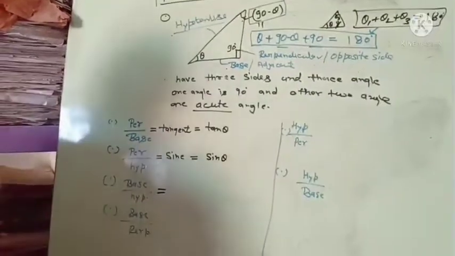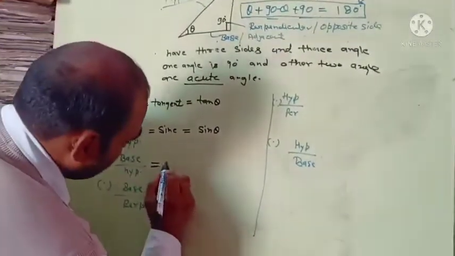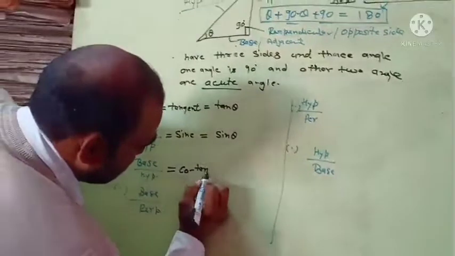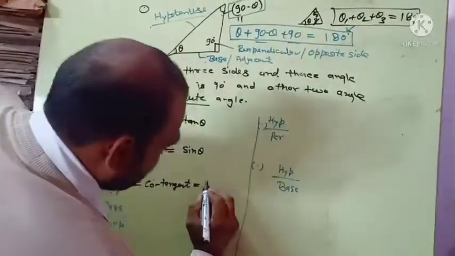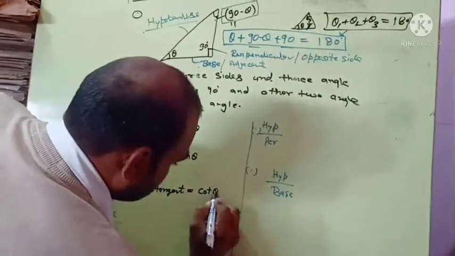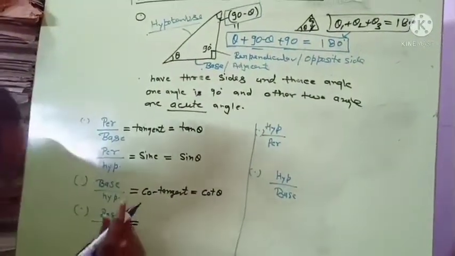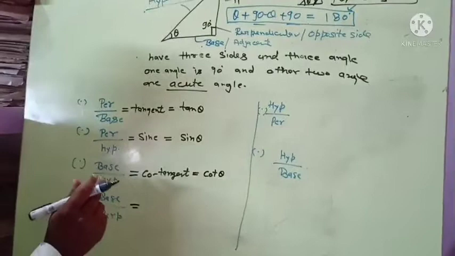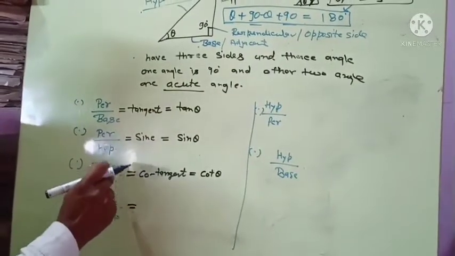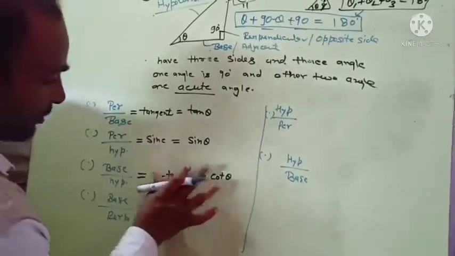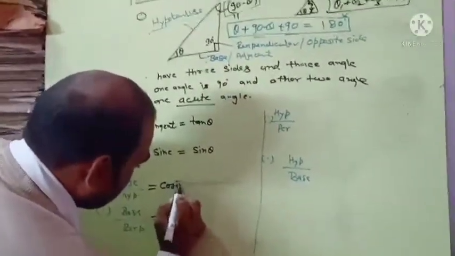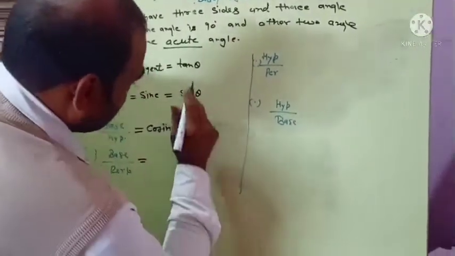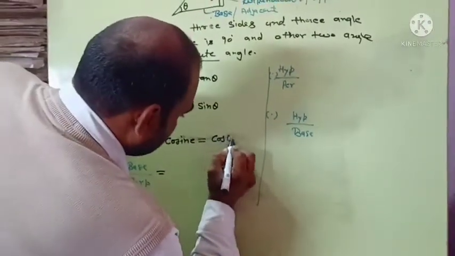Base upon hypotenuse is called cosine, with respect to theta called cos theta.